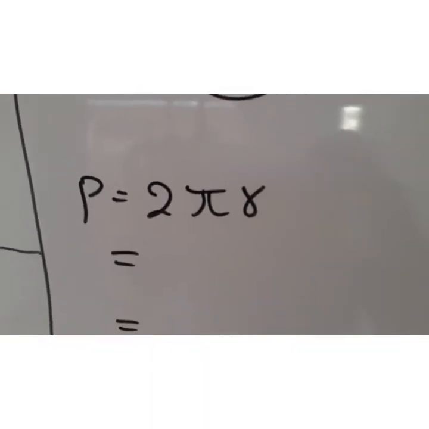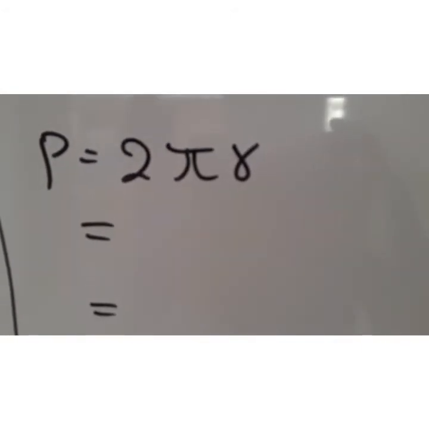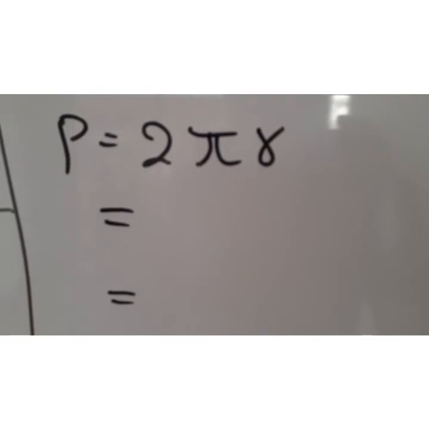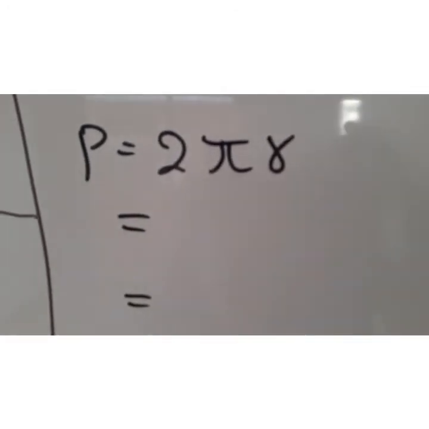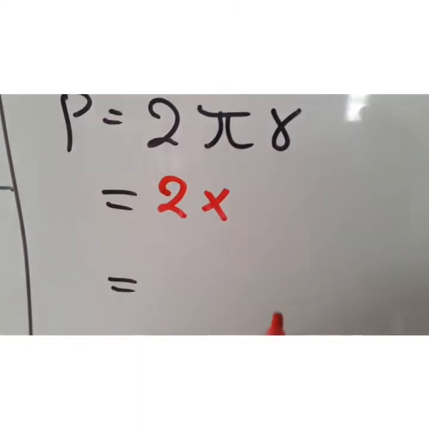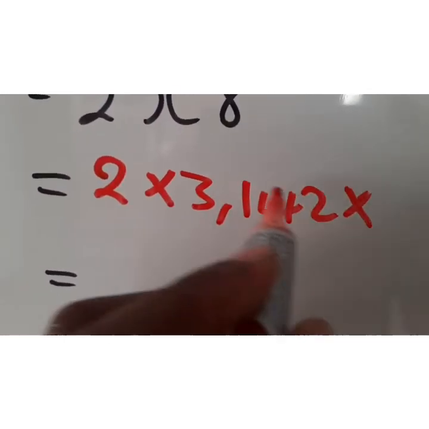Okay, so the formula for perimeter is 2 pi r. It will actually be given. If I had time, I'd show you how it is constructed, but your formula for perimeter is 2 pi r. Then I'd have my 2 here. I'm gonna substitute my pi, which is always 3,142, multiplied by my r.